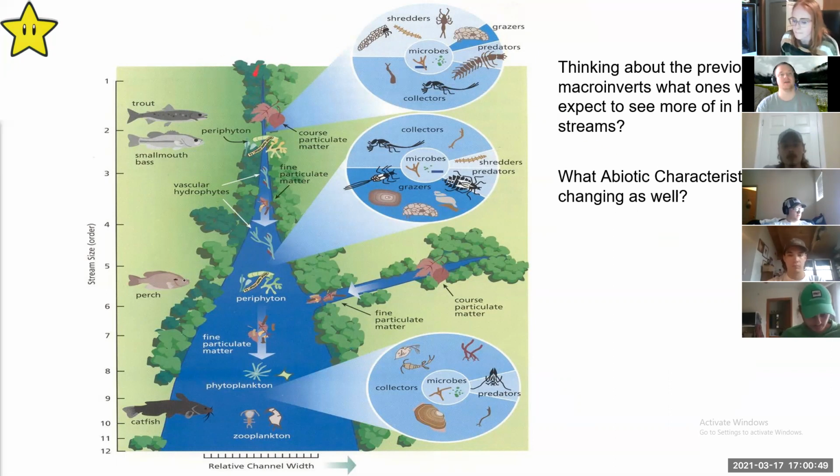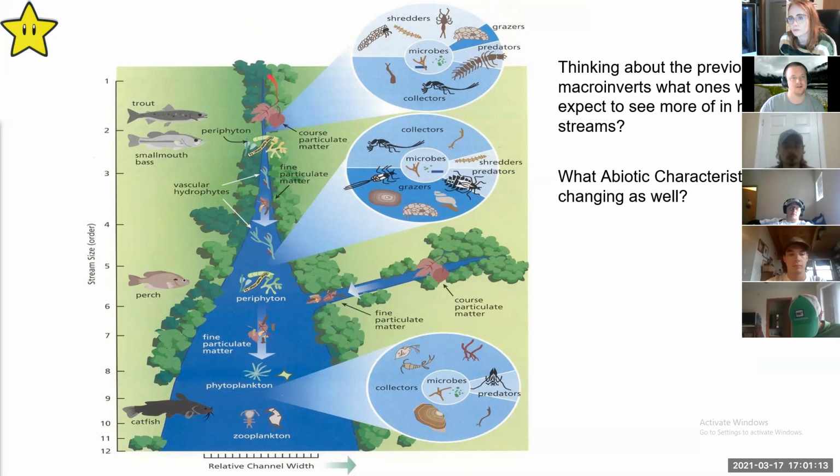Yeah, so we'll start here in your headwater streams. These are your high gradient streams. They have a lot of riffles, rapids, and falls, and they're often shaded because they're covered with trees. They're narrow, so the trees can grow the canopy over the stream and block the sunlight.